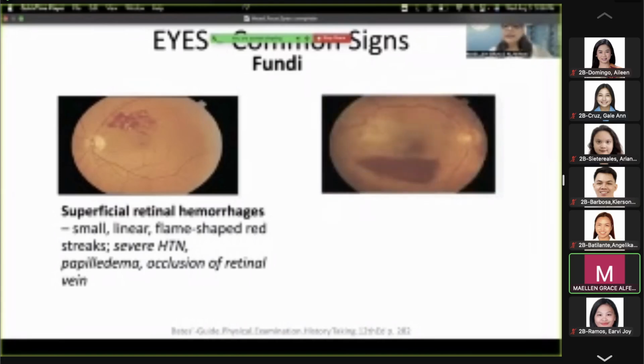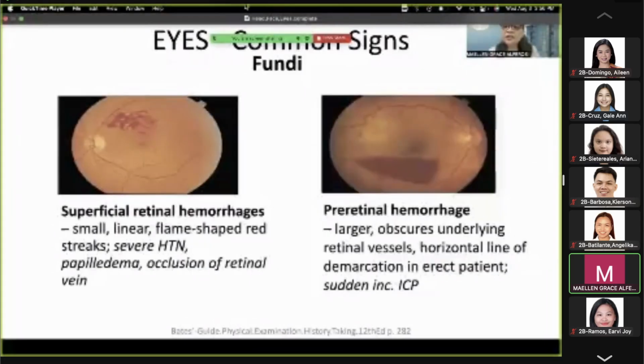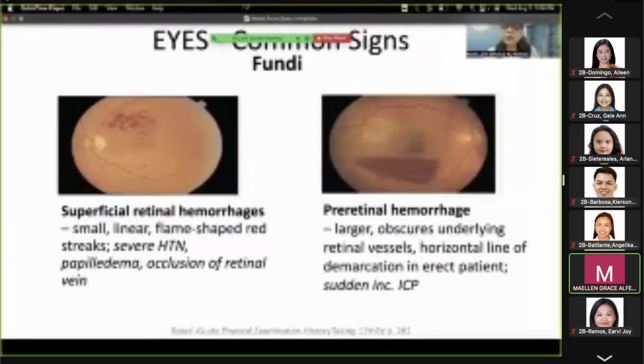Now, this is another kind of hemorrhage, but this type of hemorrhage is larger. It obscures the underlying retinal vessel. And you see the demarcation line. There's a horizontal line in an erect patient. Okay, this is a pre-retinal hemorrhage due to a sudden increase in intracranial pressure.